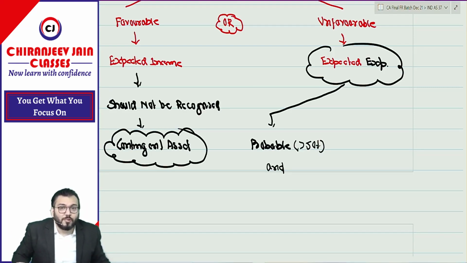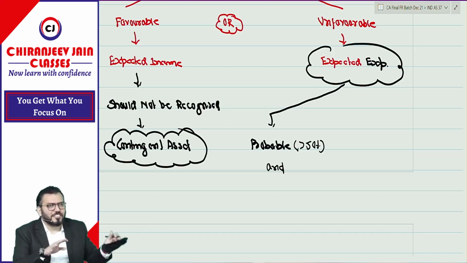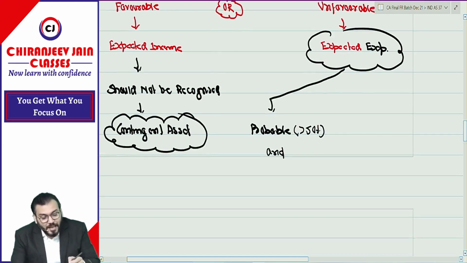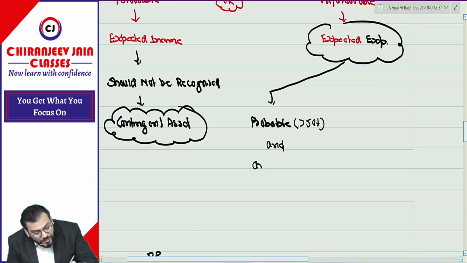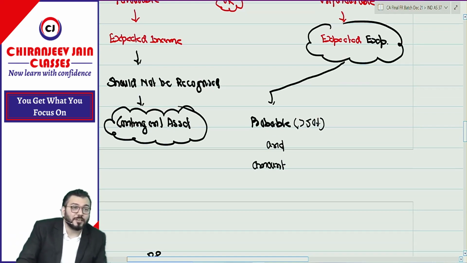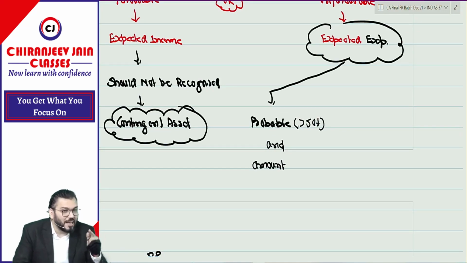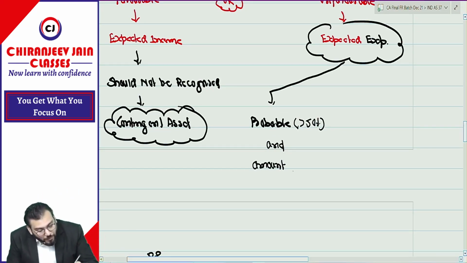So the amount requires fair estimation. How to estimate, we'll discuss, nothing to worry. If the amount cannot be reliably estimated, even though it is probable, we will not recognize a provision. Are you getting me? So the amount can be estimated.